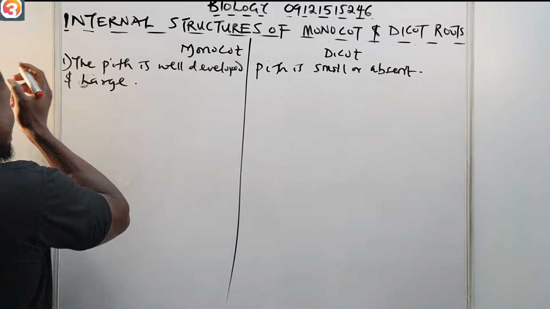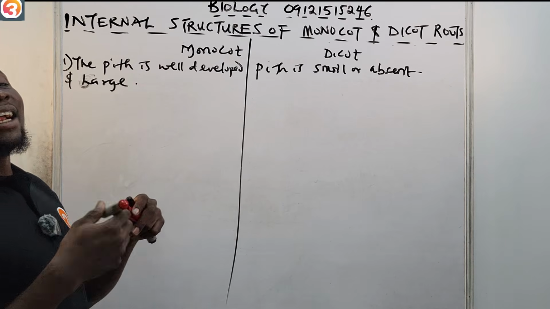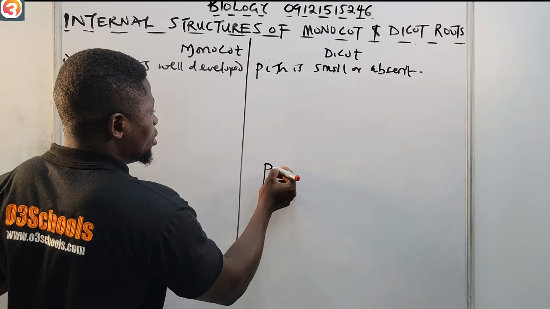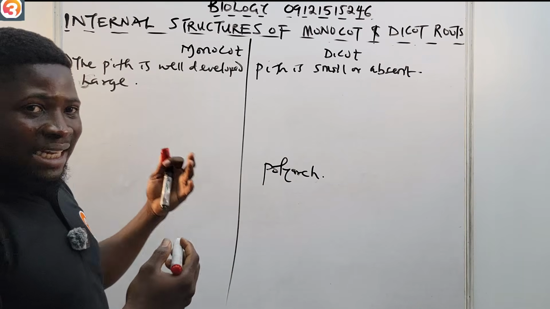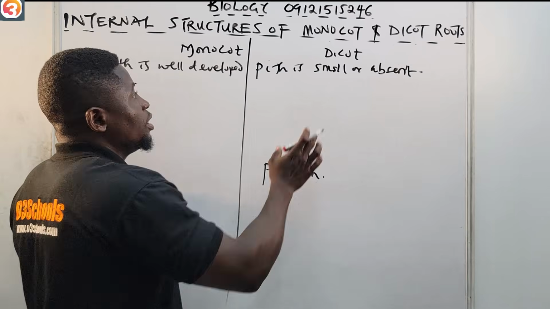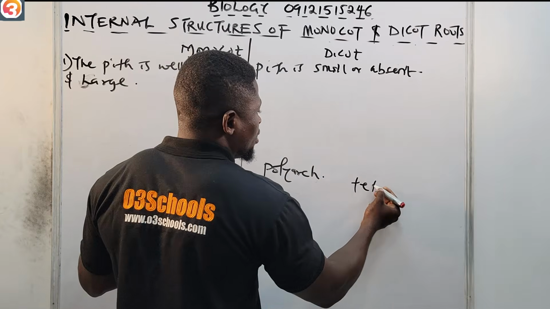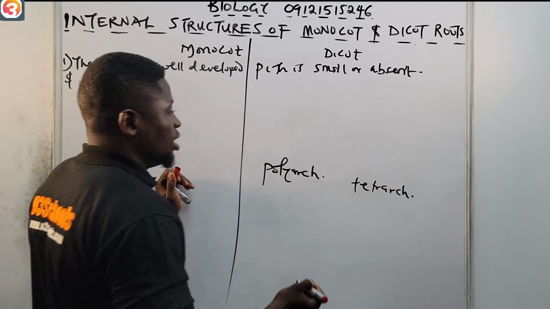Now the monocot has a higher number. It is polyarch. It has a higher number of xylem and phloem, while the dicot is tetrarch.